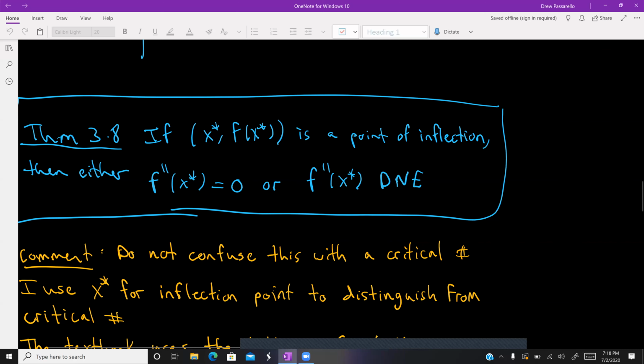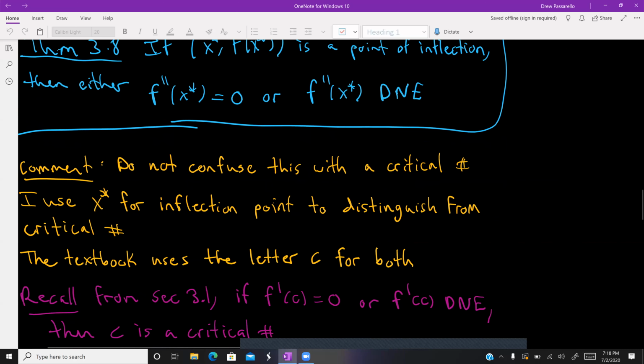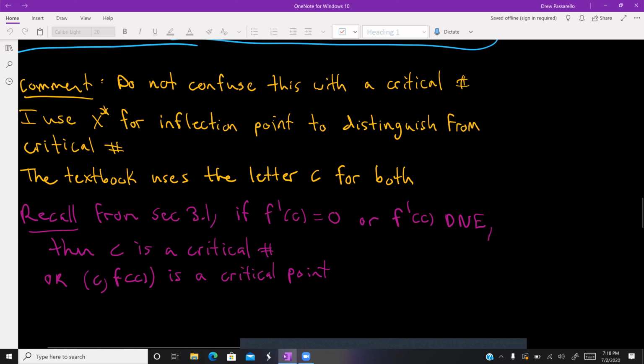All right, so that's why I'll make a comment in yellow, that we do not confuse this with a critical number. And again, I said this earlier, I use x star for the inflection point to distinguish it from a critical number. The textbook uses the letter C for both. And so I wrote down, recall from section 3.1, if the first derivative of C equals 0, or if the first derivative of C does not exist, then C is a critical number, or the point C comma f of C is a critical point.